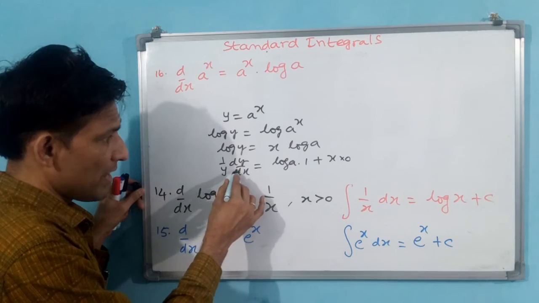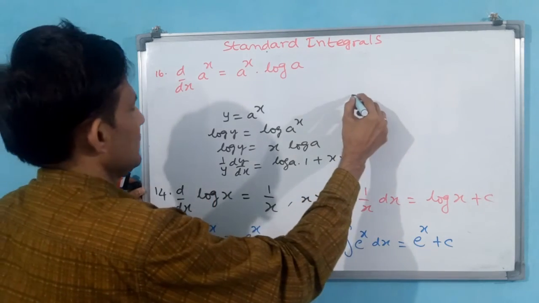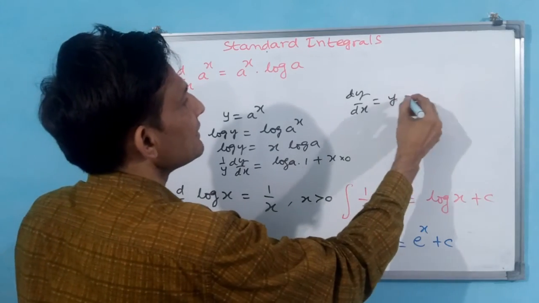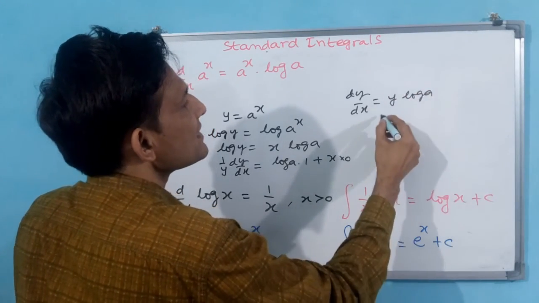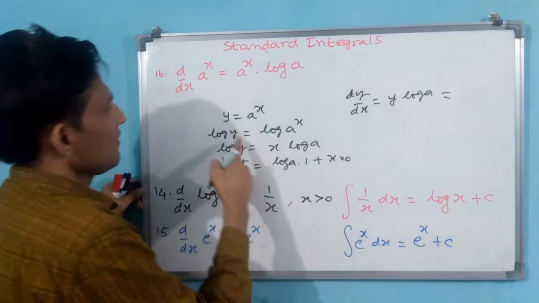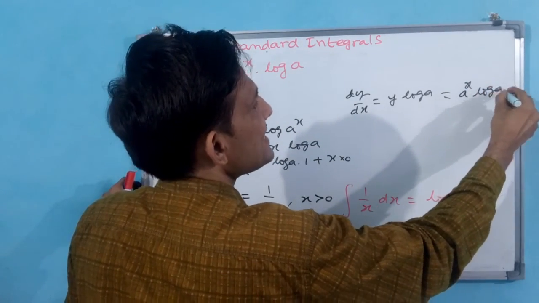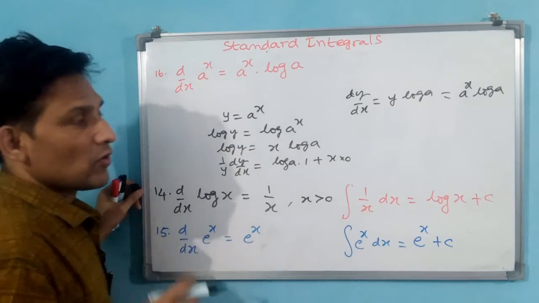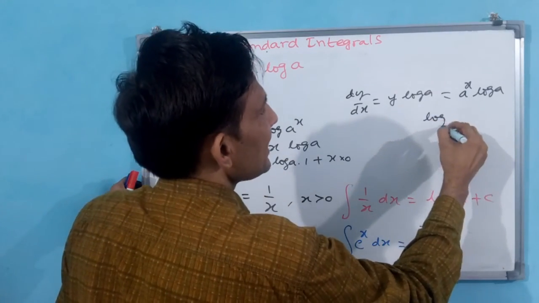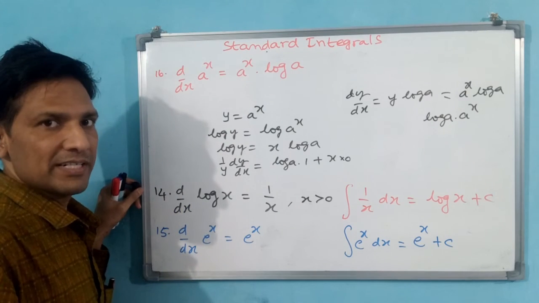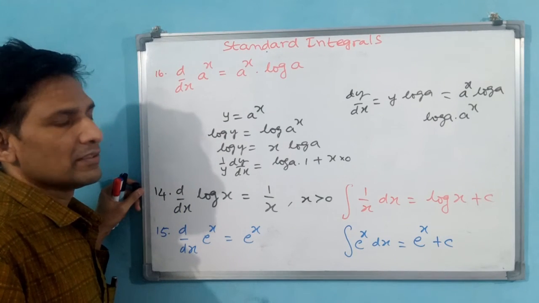So 1 by y dy by dx is equal to log a, that means dy by dx is equal to y log a. Then what is y? y is a power x. That means you are going to write a power x log a. Why are you not writing log a into a power x? Anyway log a is constant, like 3x.